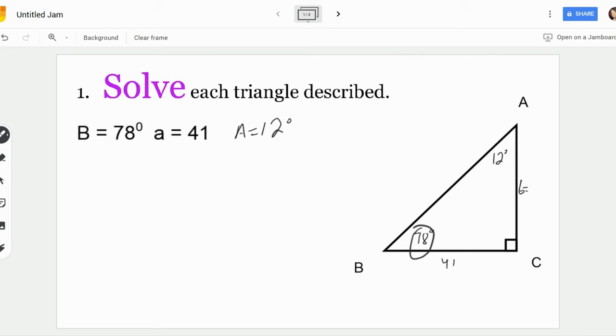And then, so this is opposite and adjacent. I'd have to use tangent. So you'd say tangent of 78 degrees is opposite over adjacent, which is B over 41. And then this is, as we've done before in the previous days, you can cross multiply, and really you're just multiplying 41 times tan 78.